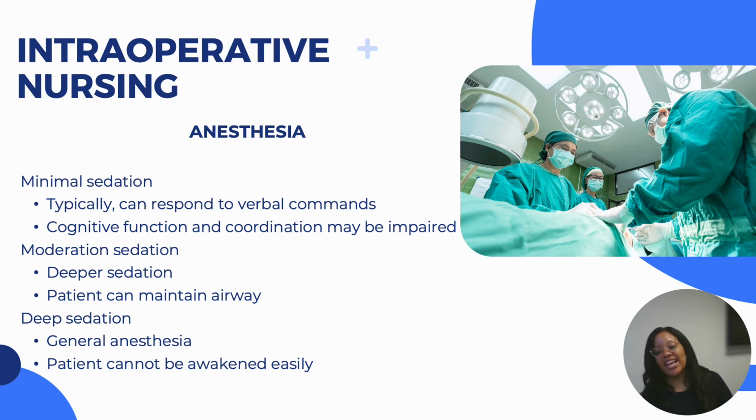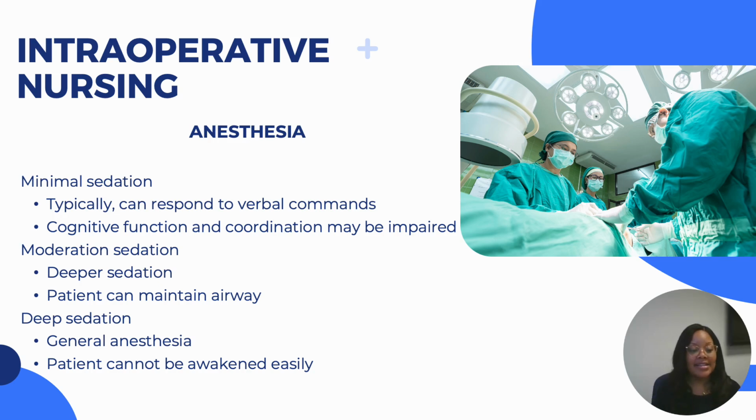So the anesthesiologist plays a big role in surgery because there are different types of anesthesia we can get. We can get minimal sedation, and typically the patient can respond to verbal commands, and the cognitive function and coordination may be impaired, then moderate sedation. You then have deep sedation, right? So you want to know the difference between your sedations, right?